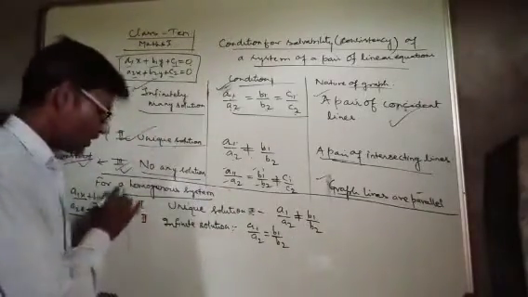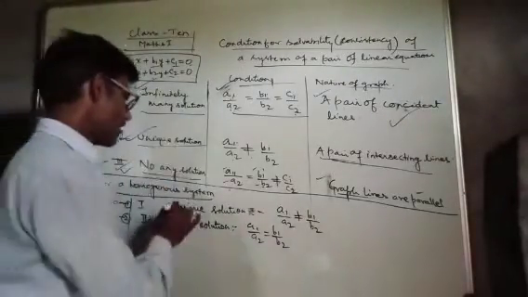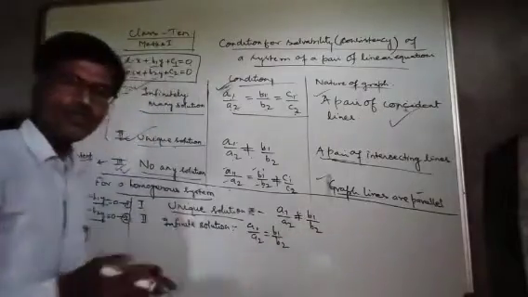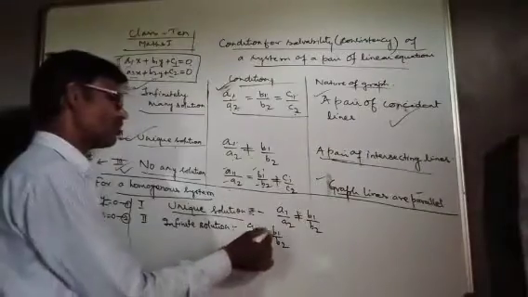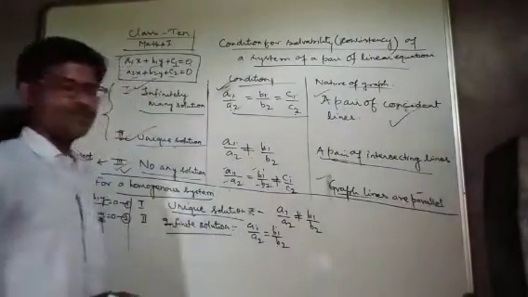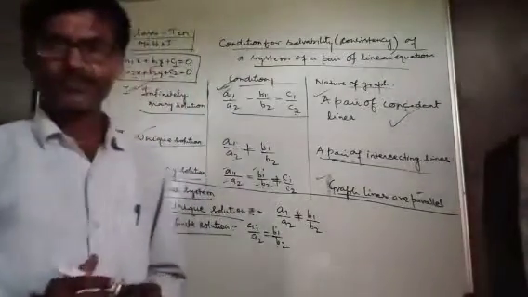For such a pair, we have two conditions. Condition for unique solution is a1 upon a2 not equal to b1 upon b2. And if a1 upon a2 equal to b1 upon b2, then the pair of equations has infinitely many solutions.